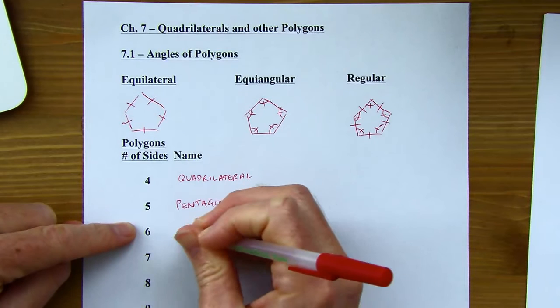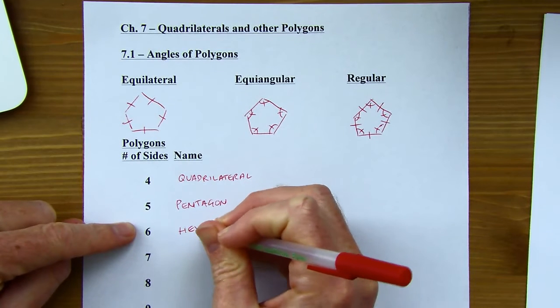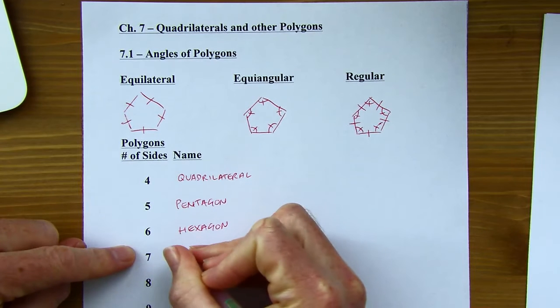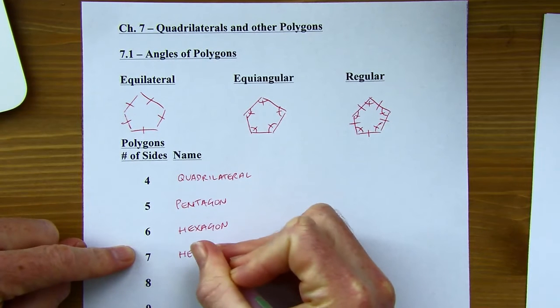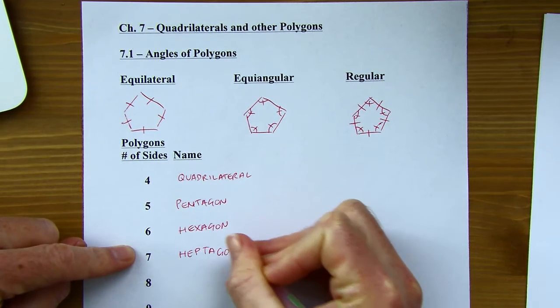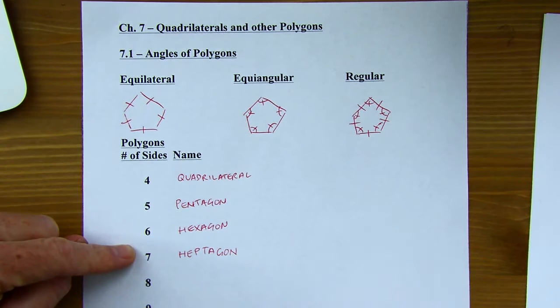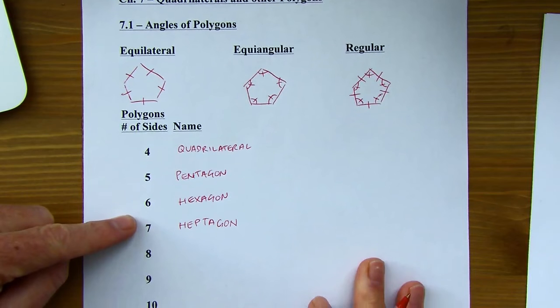Six-sided would be a hexagon. Seven-sided is a heptagon. Sometimes I've seen that called a septagon, and I would be okay with that, but I'm going to stick with heptagon because that's what our book uses.